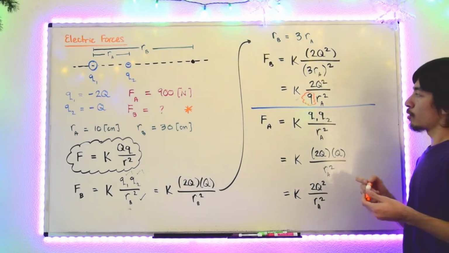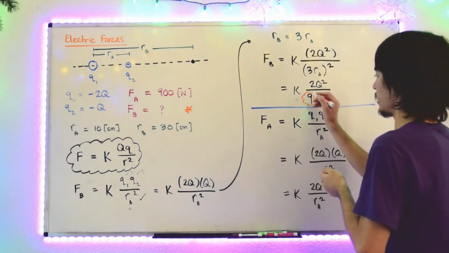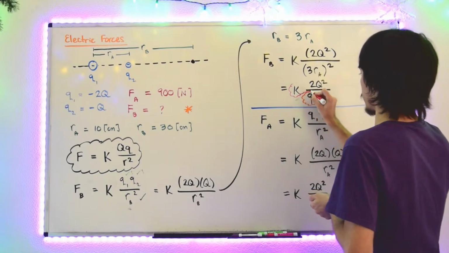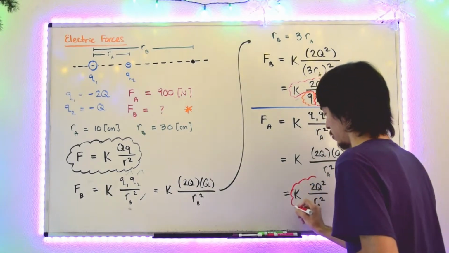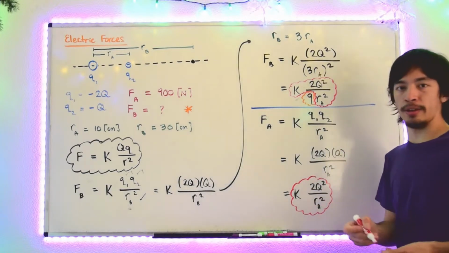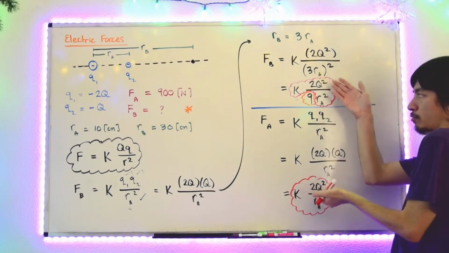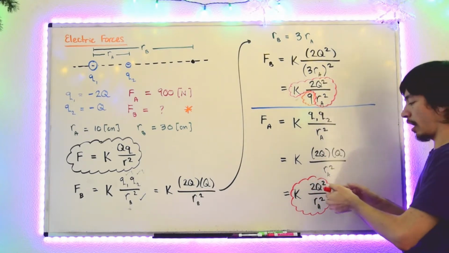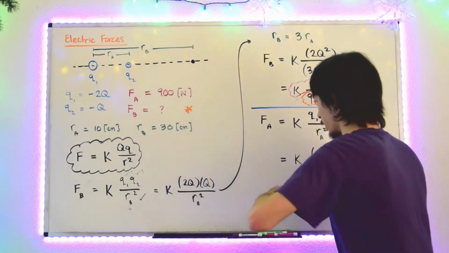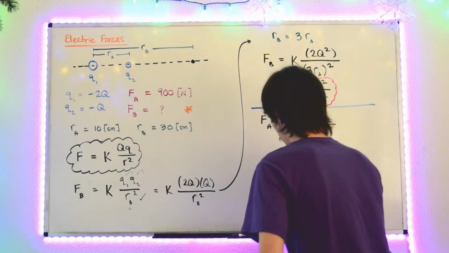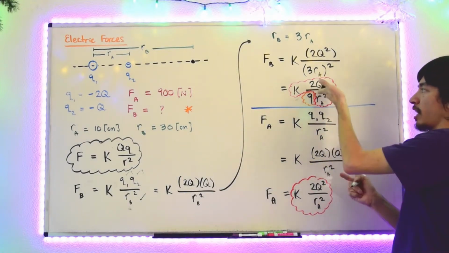In other words, the rest of this stuff, other than the 9, is basically identical to this. So if it's all identical other than the 9, I could replace this stuff with just calling it the force in A. So let's replace this with force A.